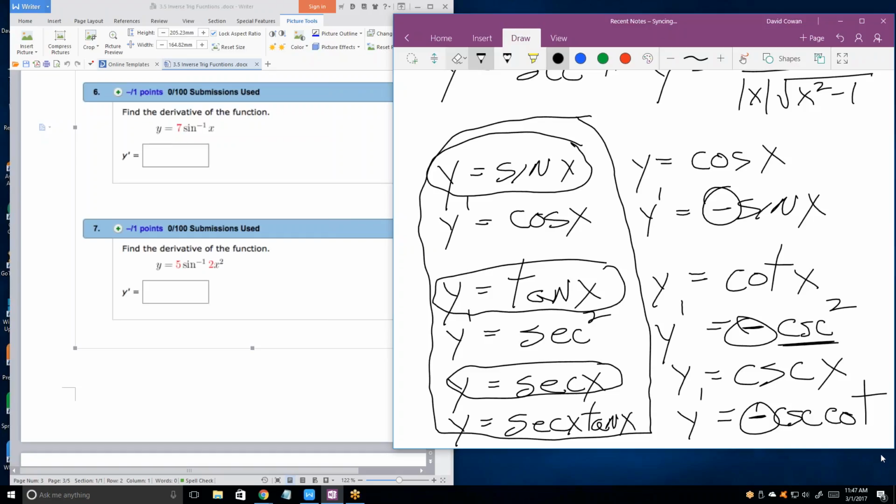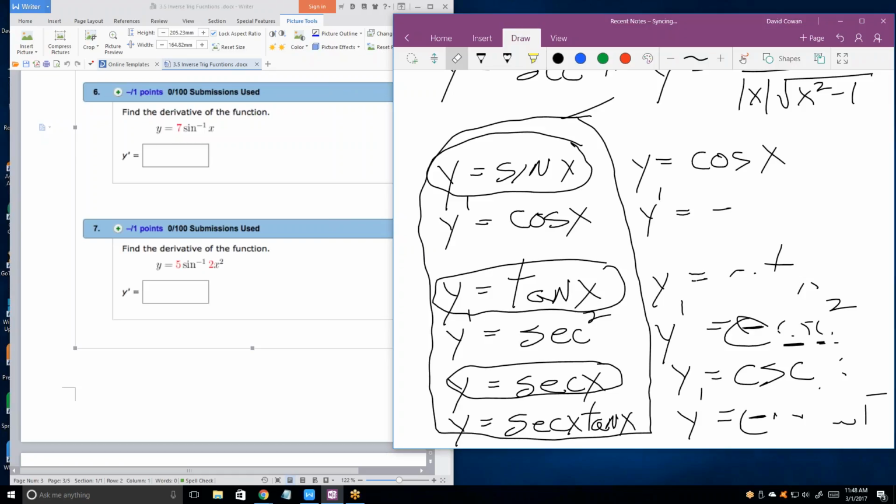So if you've memorized the column on the left, you can always figure out the column on the right.